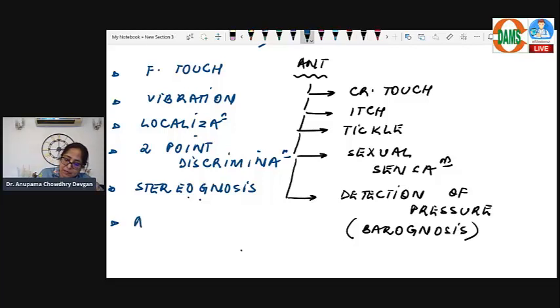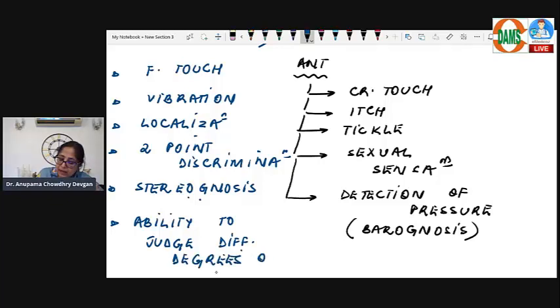But the ability to judge the different degrees of pressure is by the posterior column. So pressure has got a dual transmission.